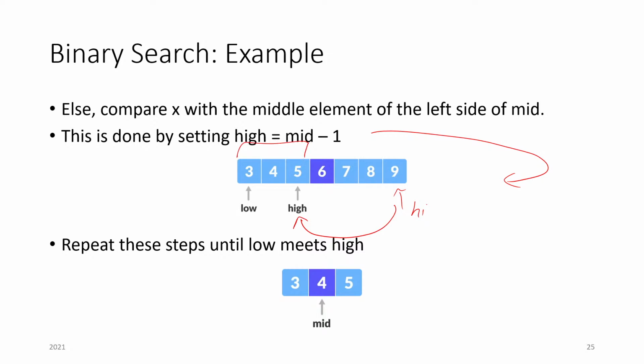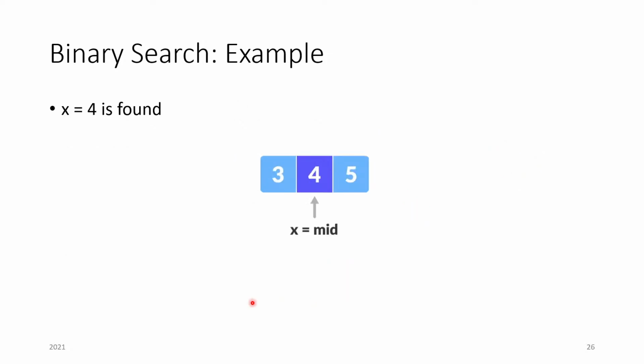So in moving the low and high pointers, we reduce our search range each time. We keep doing this until we actually find our value, and eventually we will end up finding the value that we search for.